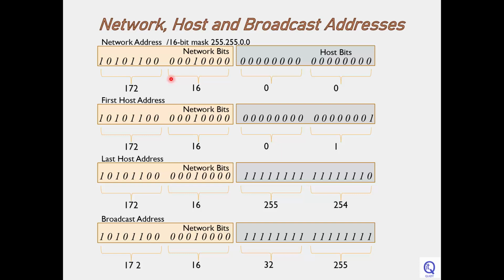Here also, the network address is taken by making all the host bits 0, and the broadcast address is the one we get when we convert all the zeros in the host bits into 1. And in between we have a number of hosts. The first host can be taken like this, and the last host can be taken like this.